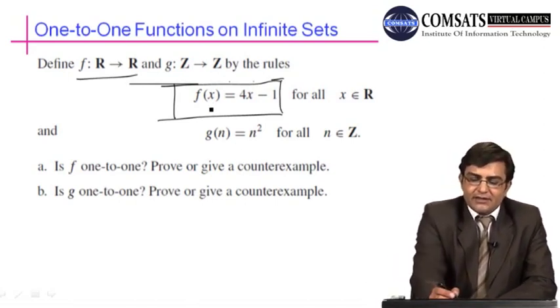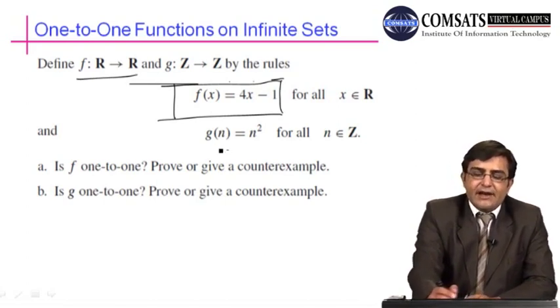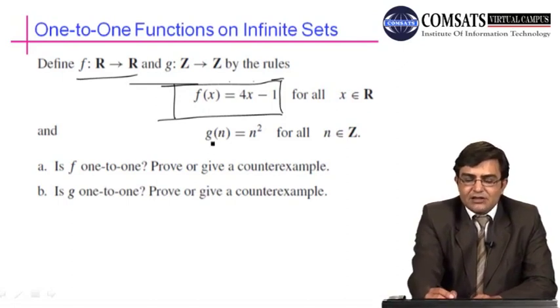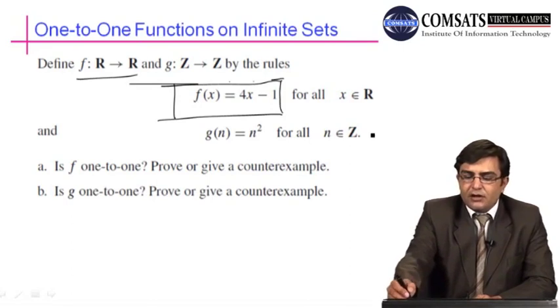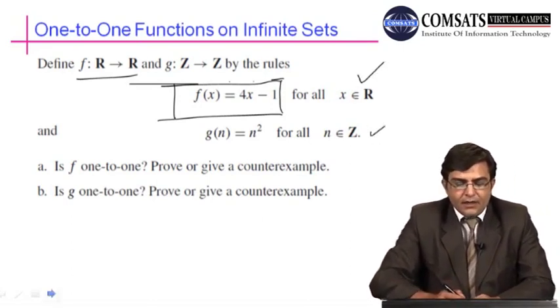Here the usual notation for integers is n and the usual notation for real numbers is x. So here we define g of n is equal to n squared. This is for all n belongs to Z, and this is for all x belongs to R.